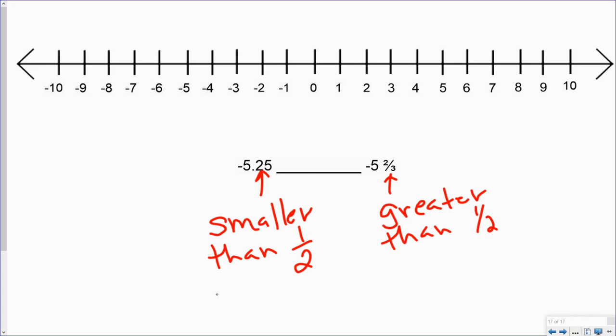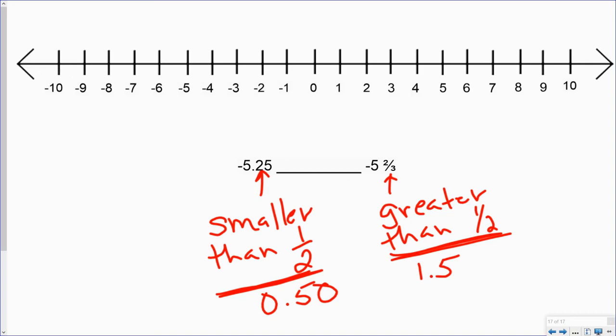This side is smaller than 1/2 because 1/2 would be 5/10 or 50 hundredths. And this is greater than 1/2 because 1/2 of 3 is 1.5, and 2 is bigger than that.